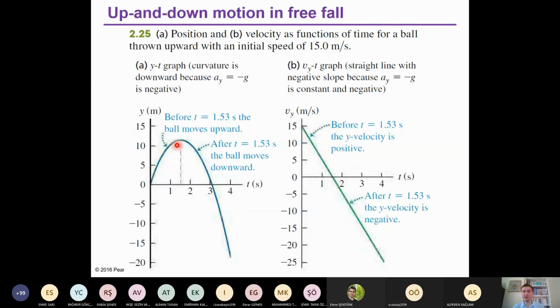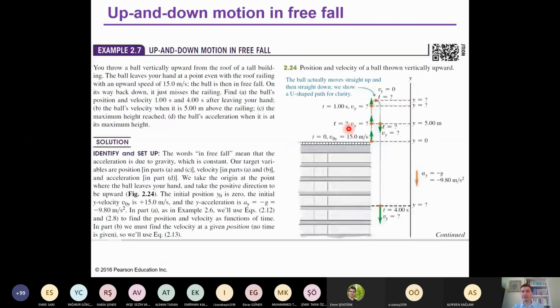The slope of the y-t graph gives us the velocity v_y. So what do you see here? That the slope is decreasing, then the velocity is decreasing, but again, it is going along the positive y direction. At the beginning, it has 15 meter per second velocity, and then it is decreasing, decreasing, and finally at the maximum height, the velocity is 0, okay?